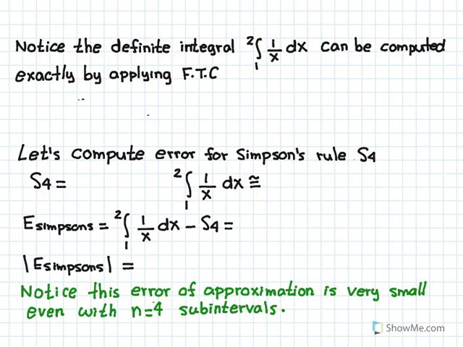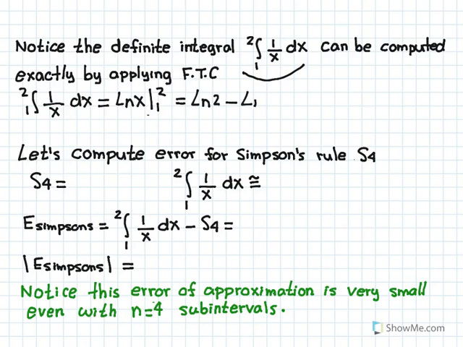Now, notice the definite integral from 1 to 2 of f of x dx can be computed exactly by using the fundamental theorem of calculus. The integral from 1 to 2 of 1 over x dx. What is the antiderivative of 1 over x? That is ln x. Evaluate it from 1 to 2, and we get ln 2 minus ln 1.